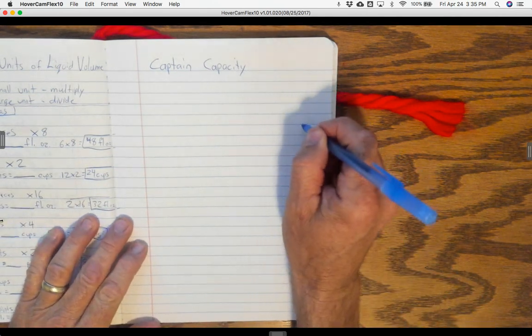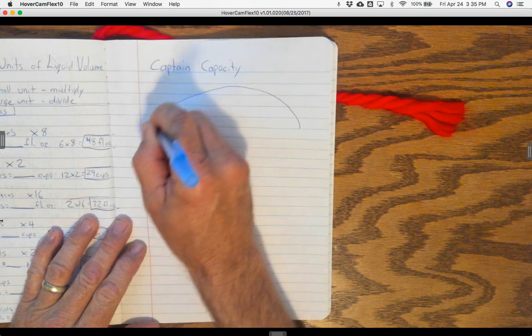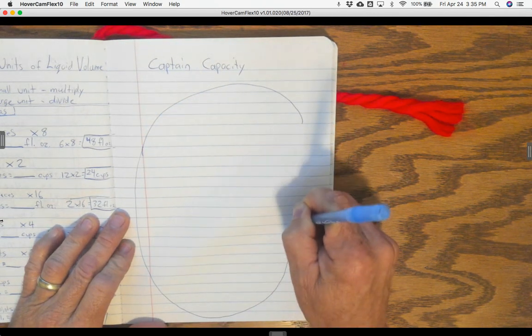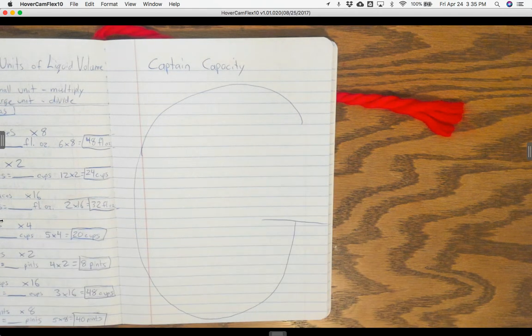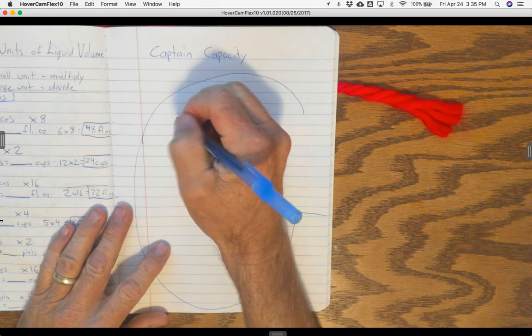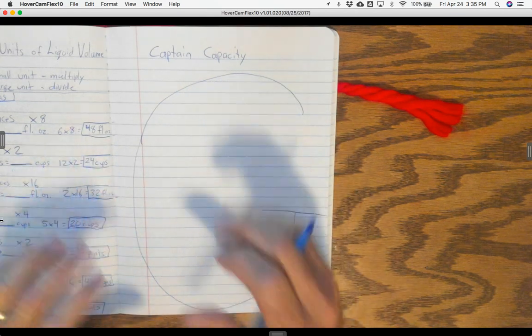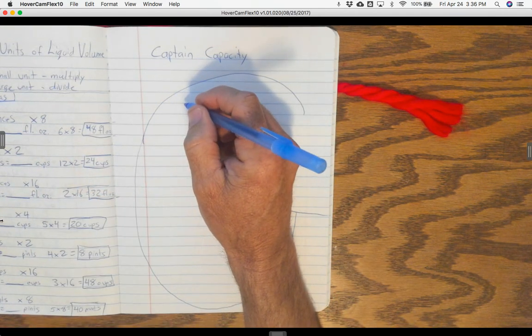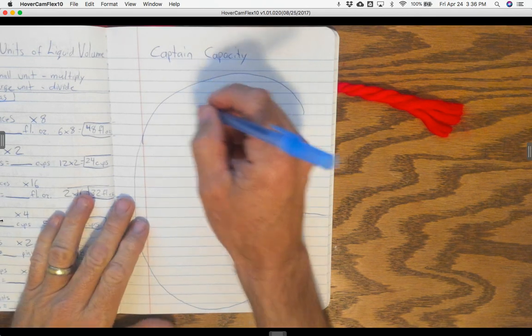So we're going to draw a giant, and I want it to take up your whole paper. Giant G. G for gallons. So in 1 gallon, we have, and you got to fill up this space here. Don't want to make things small because we're going to be writing inside of each of these.